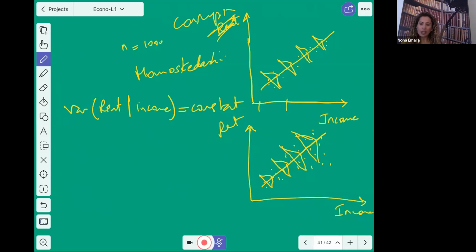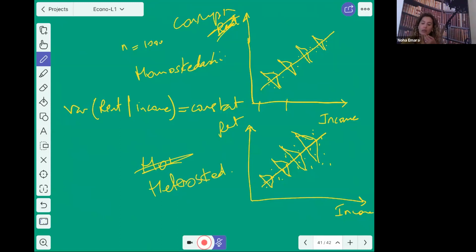I can be rich and go to a 5-star hotel to have my dinner, right? So you have wider options, and that's why the amount that you pay for your consumption might vary very widely as your income increases. So this picture is homoskedastic. This picture is heteroskedastic.